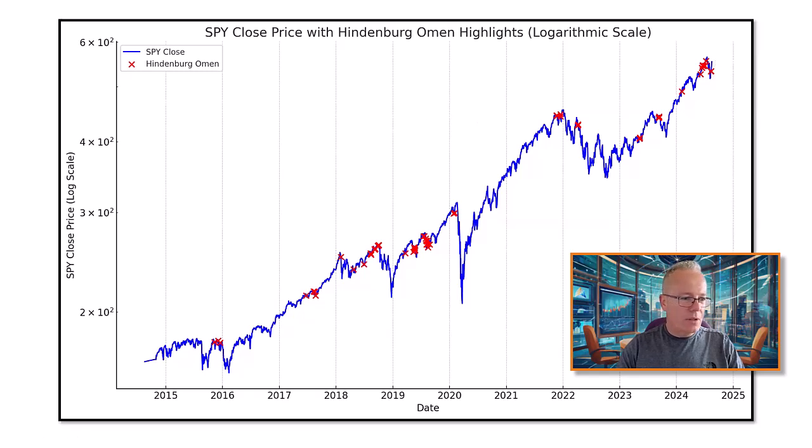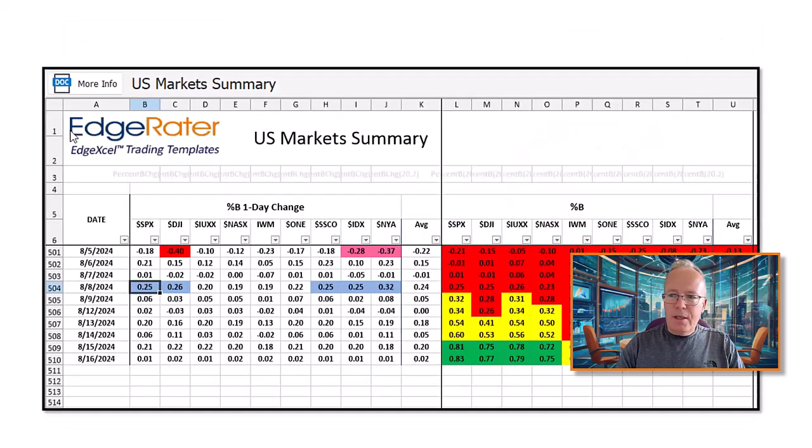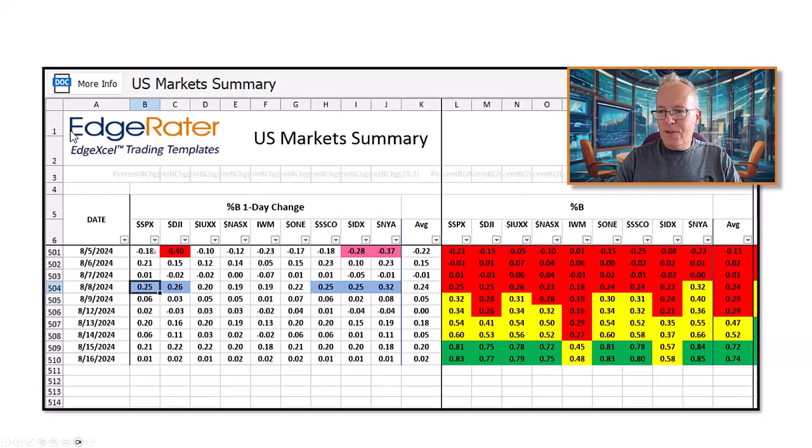And now this recovery. So in terms of the market summary, we tend to look at this because it's a collection of 10 different indexes in the market. And the color coding is quite nice because we get red colors in this %B group of columns when those indexes are in trouble. So when the indexes are at the lower end of their Bollinger Bands, we tend to get the red, and if all of them are red, then we know that the market is going through some kind of trouble.